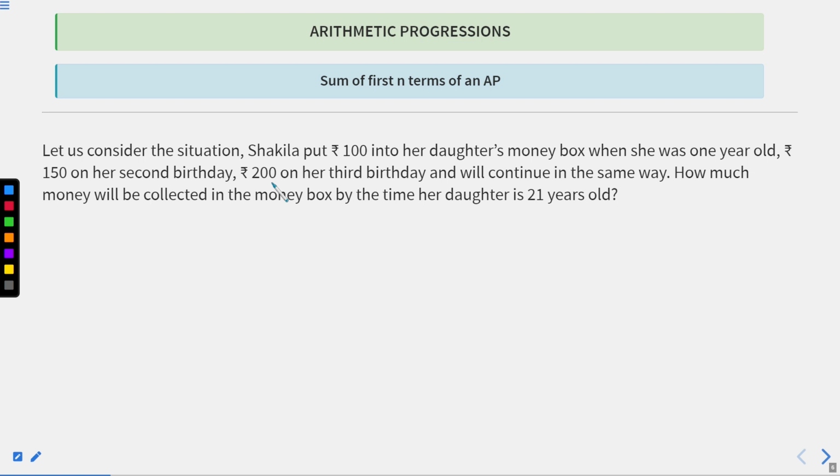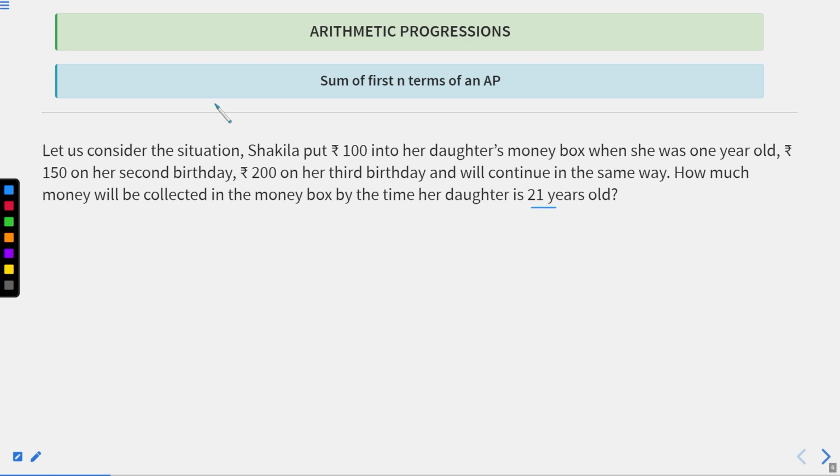Sakila put 100 rupees into her daughter's money box when she was 1 year old, 150 rupees on her second birthday and 200 rupees on her third birthday, and will continue in the same way. How much money will be collected in the money box by the time her daughter is 21 years old?